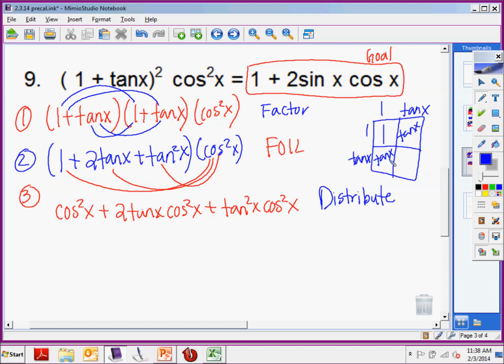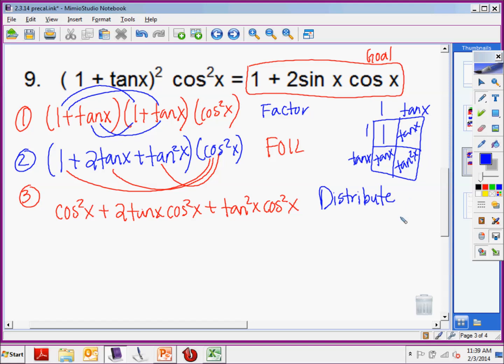Tan times tan is? Alright, so I have 1. How many tans? 2. And? Okay, so you either can box, FOIL, whatever makes your heart happy. I'm sticking with FOIL.